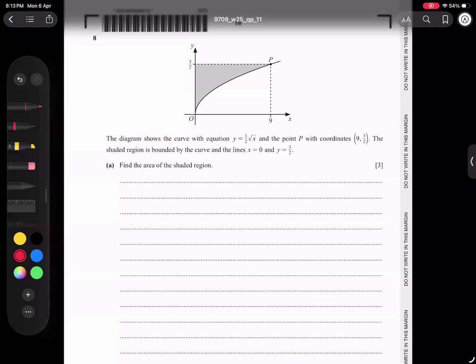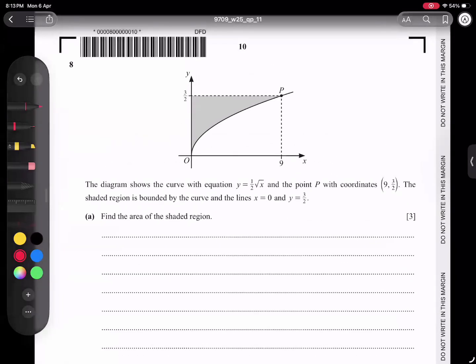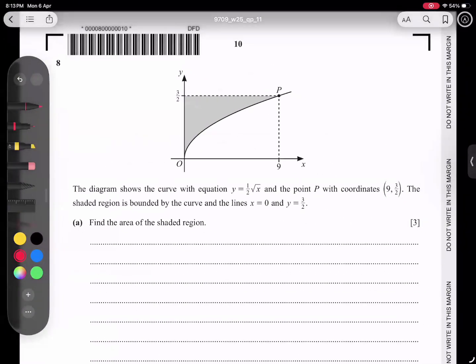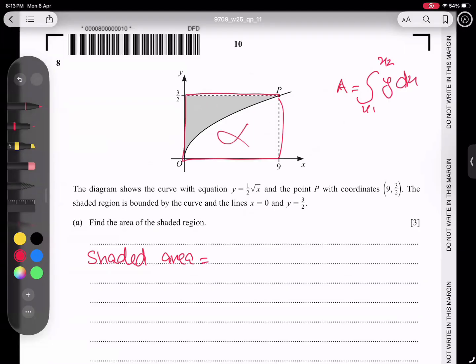Question number 8 now. He's asking the area of the shaded region. We have two ways, but let me show the first one. What is the basic formula for the area? Area formula is the integral from x1 below to x2 up of y dx. If I'm looking for the shaded area, basically the rectangle area minus the white part I have to eliminate, and that is the curve. So rectangle area minus the curve area.